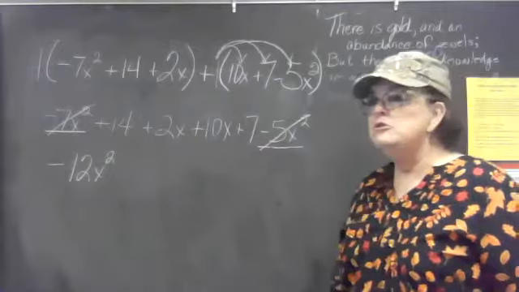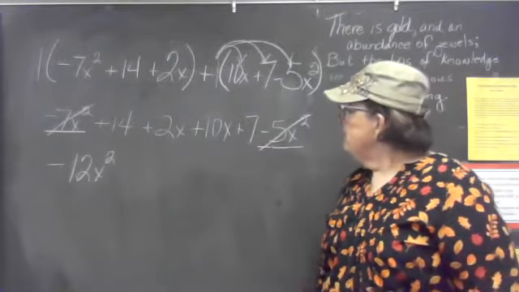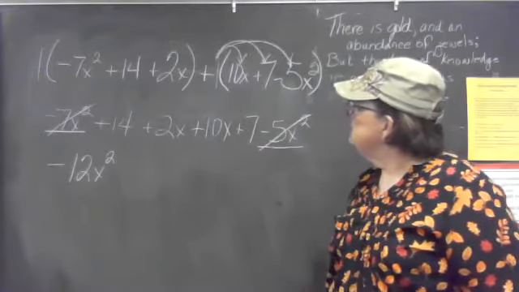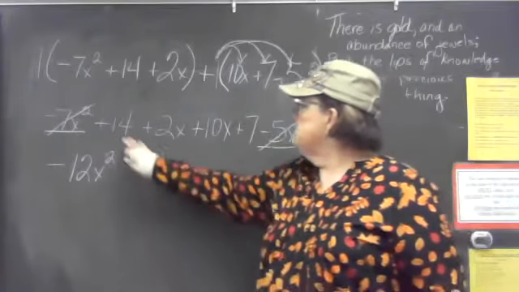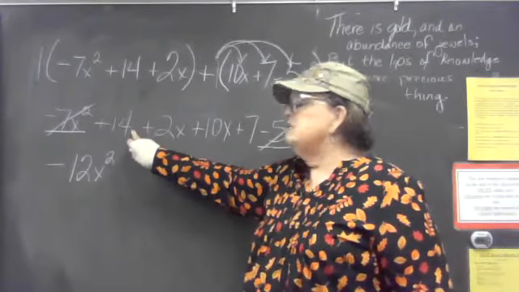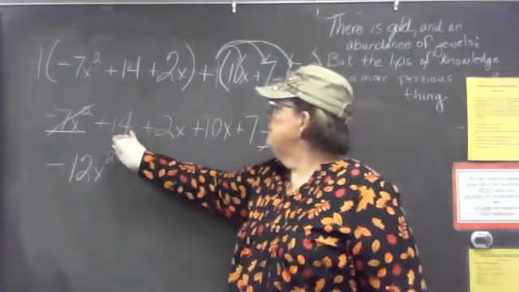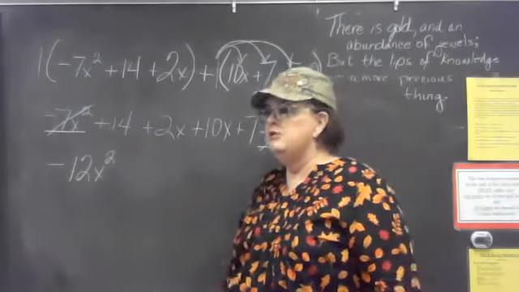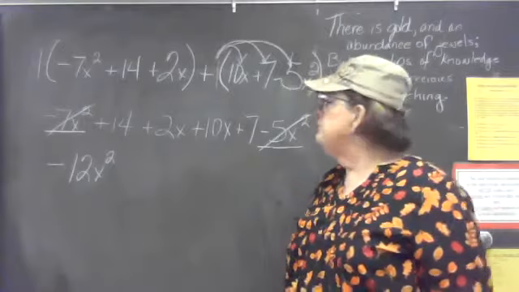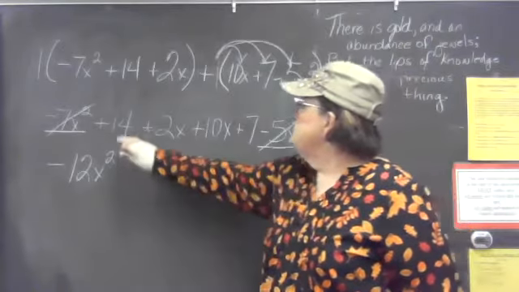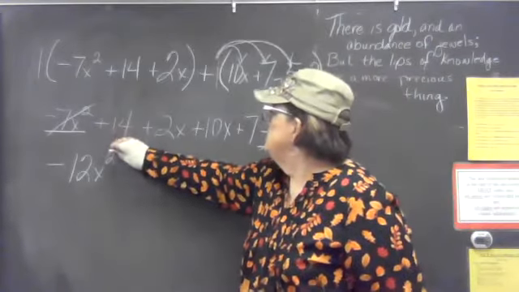And sometimes it helps just to mark them out. And then I'm going to go through again. And the next thing I see is a positive 14. Now this is the x to the 0. Remember, the number that doesn't have a variable is called a constant. And the constants usually go at the end when we do standard form. So here's a plain number, a constant.